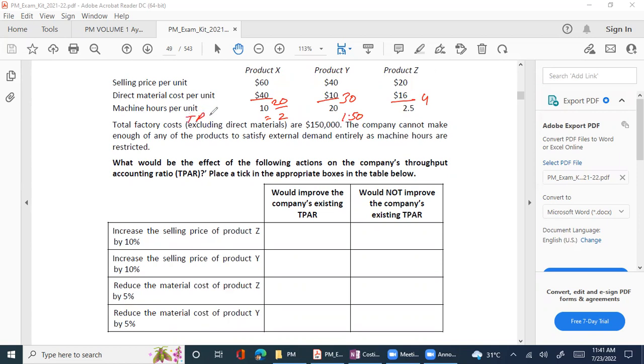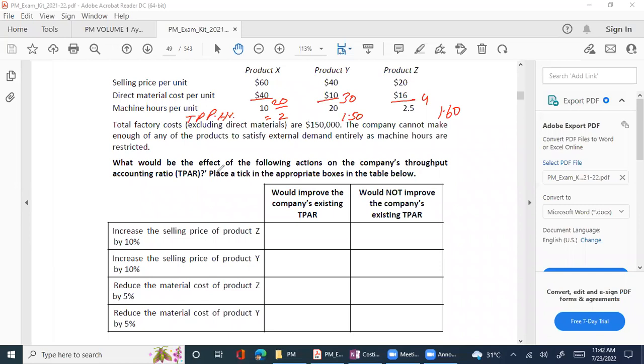So this will be throughput per hour. So this is 1.6.